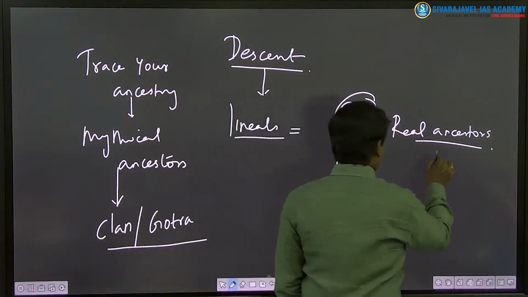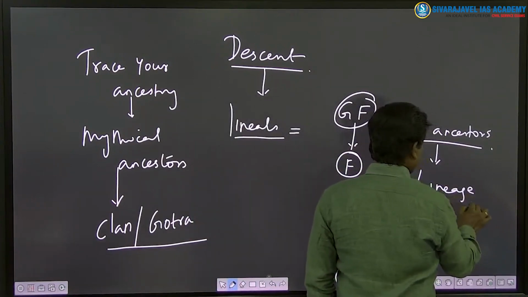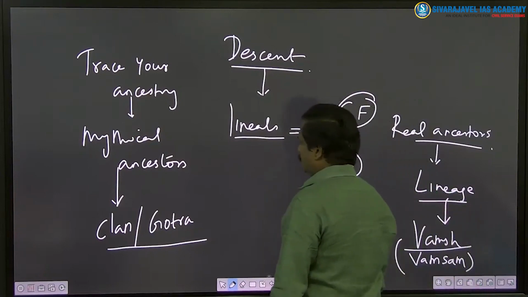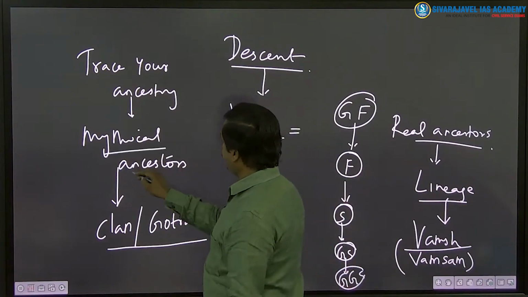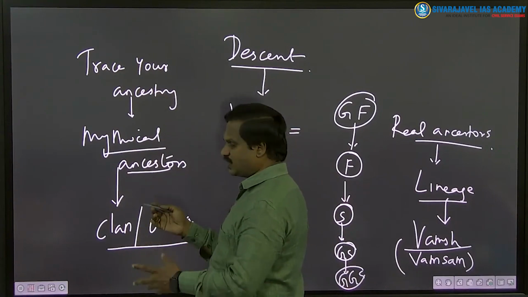Lineage is real ancestor. It is called vamsh. They call it vamsam in Tamil. But if you trace your ancestry through a mythical ancestor, it is called clan or gotra.